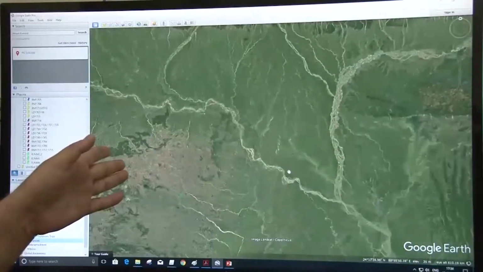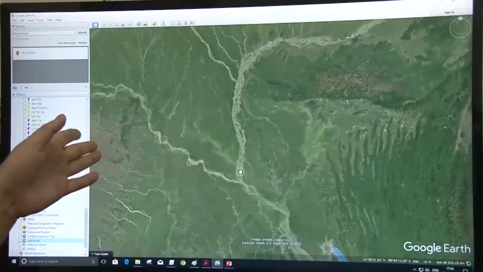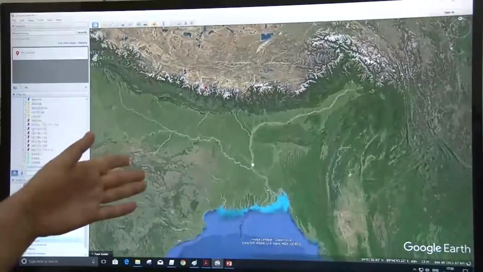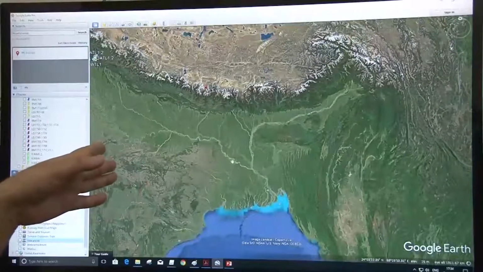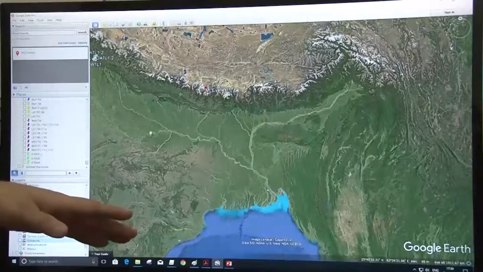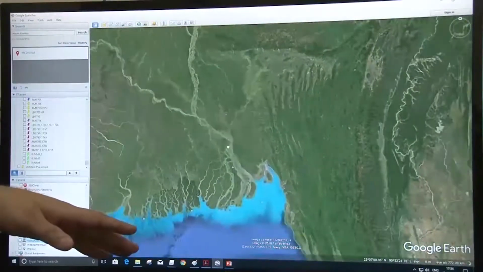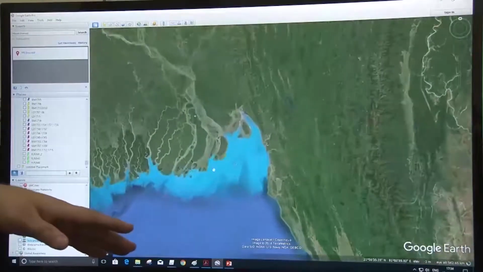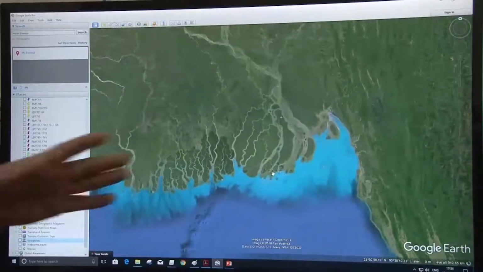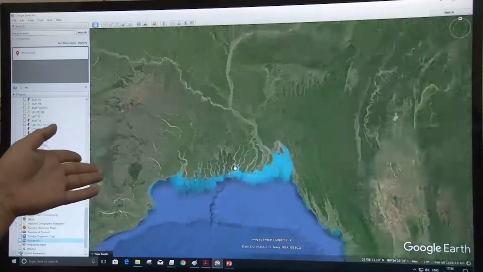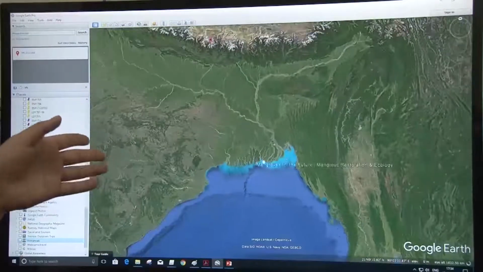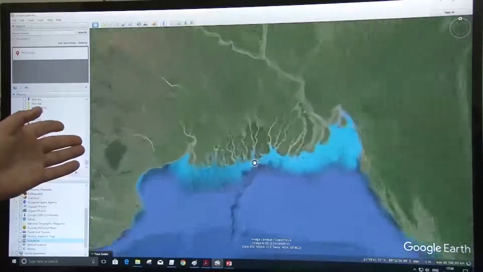Okay, so the major rivers in India on the northern side are Ganga and Brahmaputra, and these two are joining here and debouching into the Bay of Bengal. So Bay of Bengal in the Indian landmass is the part of lowest elevation.